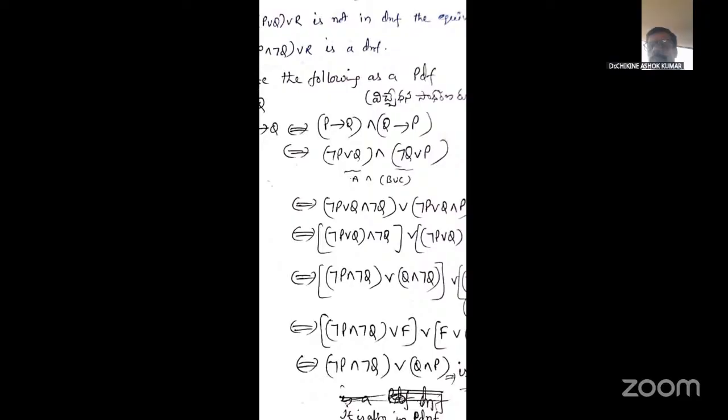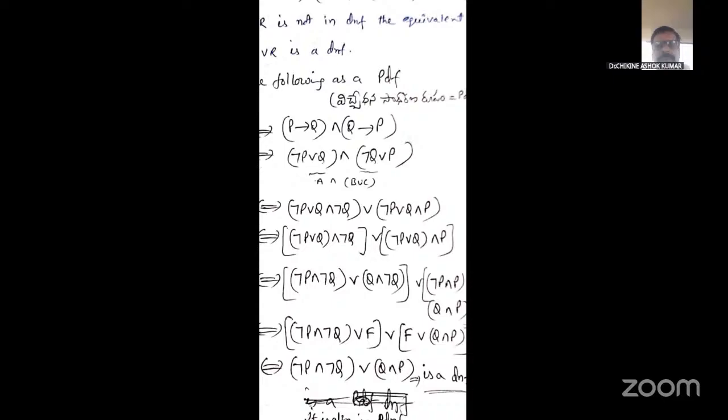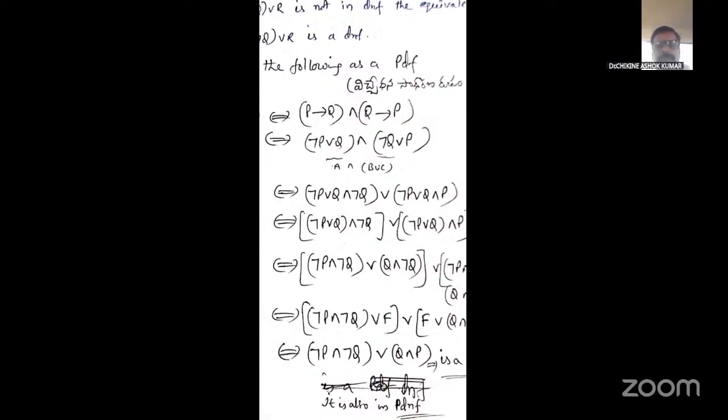So A intersection B means negation P union Q intersection negation Q. Again A intersection C: A is negation P union Q, C means P, so it becomes negation P union Q intersection P. Next, I am applying the associative property.